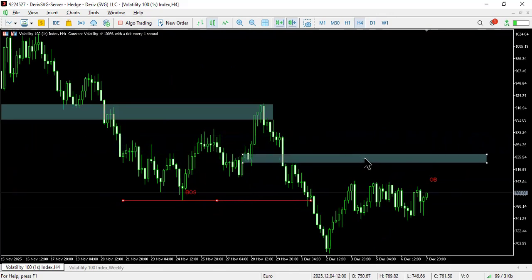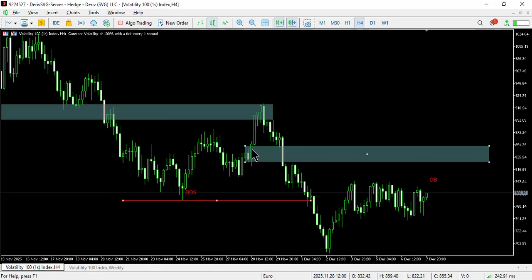So this is our order block. That is our order block from the 4 hours. I am expecting for price to go and mitigate that order block and then expect a further drop to the downside.